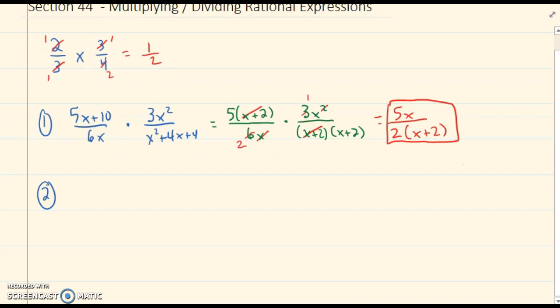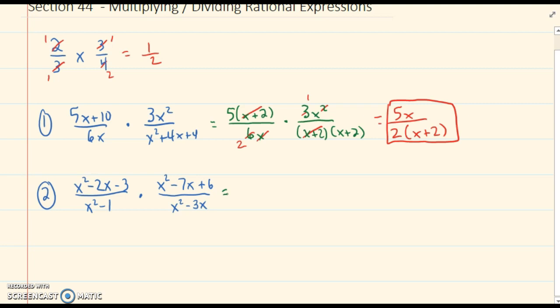For number 2, we are going to multiply x squared minus 2x minus 3 over x squared minus 1 times x squared minus 7x plus 6 all over x squared minus 3x. So let's take a look. Looking to take out a GCF.